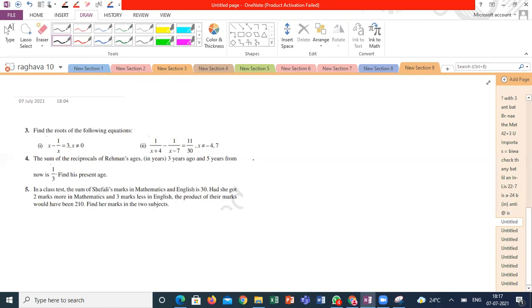Second question we done. What is the standard form of the quadratic equation of the second question?